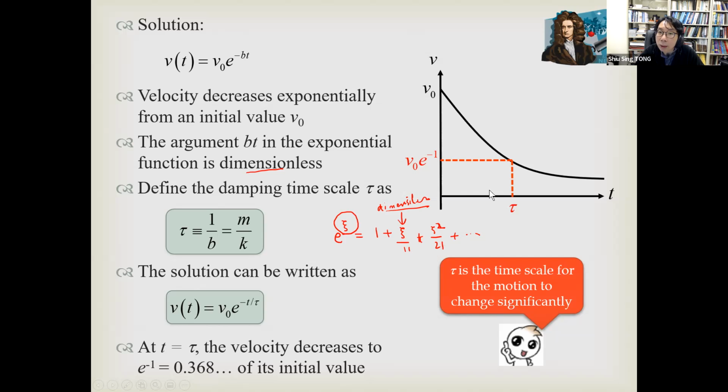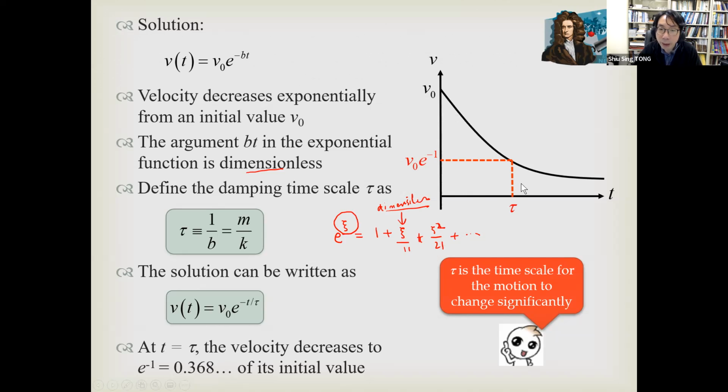So that means when my time is equal to tau, the velocity has decreased to about 37% of its initial value. If the initial value is v naught, at this particular time tau, the new speed will be about 0.37 of v naught.